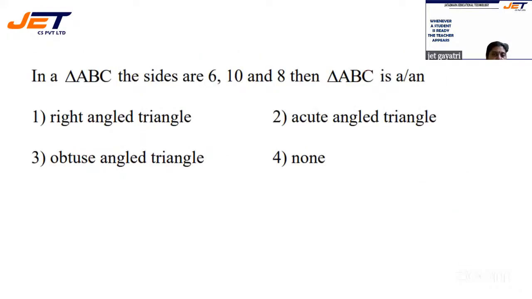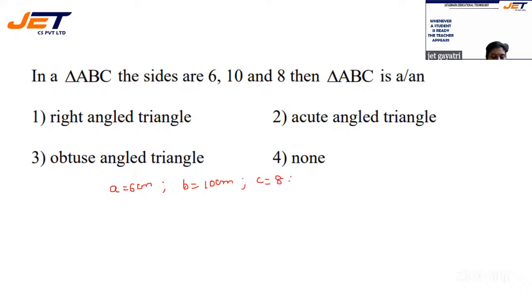In triangle ABC, the sides are 6, 10 and 8. Then triangle ABC is dash. Is it a right angle triangle, acute angle triangle, obtuse angle triangle, or none? Okay. So now let's just write it out. A is 6 centimeter. B is 10 centimeter.